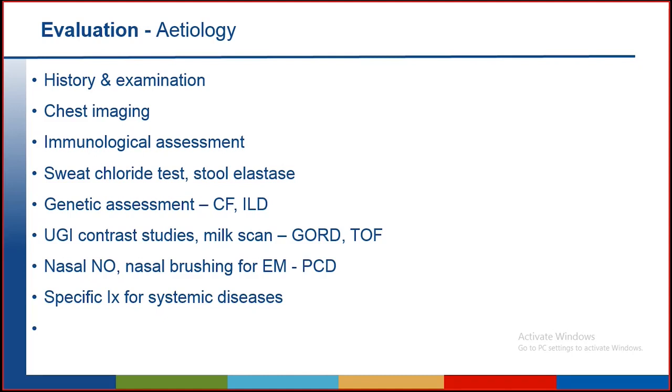And stool elastase to confirm the diagnosis of malabsorption, which is not available in our setup. And genetic assessment is important to have a proper diagnosis, for example cystic fibrosis, some conditions like interstitial lung diseases, or maybe PCD, especially these genetic or recessive disorders. Upper GI contrast studies or meal scans if you suspect some aspiration syndromes.